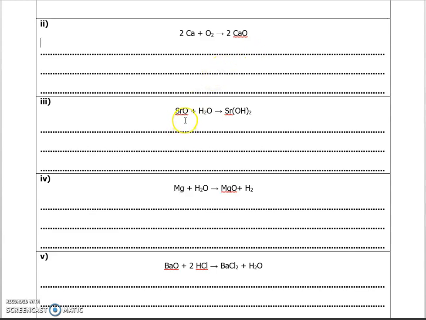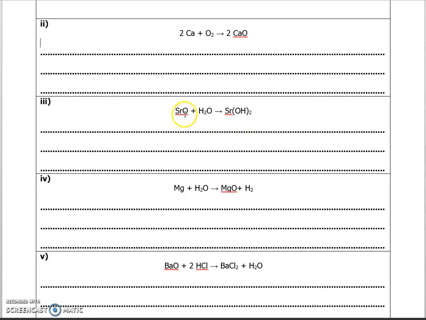In this next example, strontium oxide plus water, to give strontium hydroxide. So strontium is now starting off in oxidation number +2 because it's part of a compound, it's not in its elemental state. In the product, it's also oxidation number +2 because it's combined with 2 hydroxide ions. Each hydroxide ion has a charge of -1.